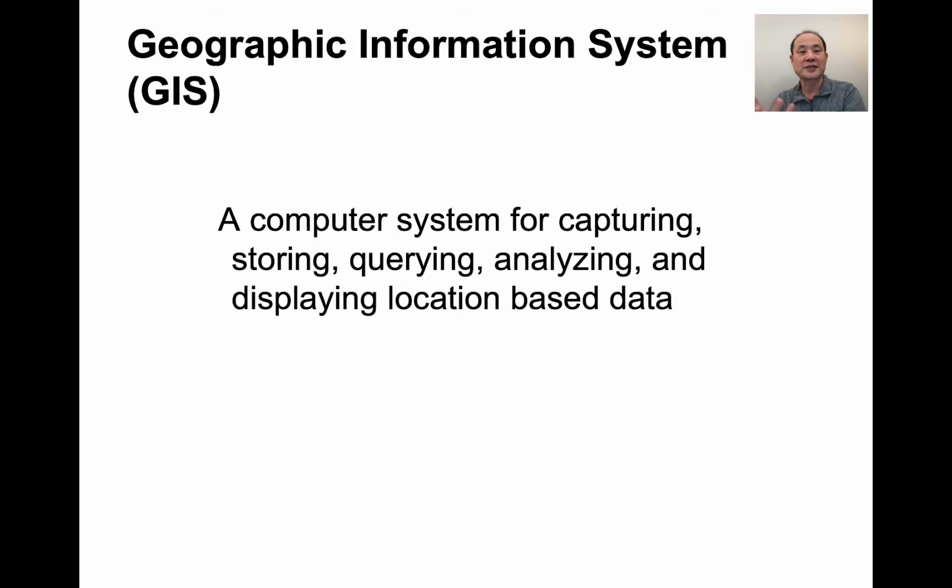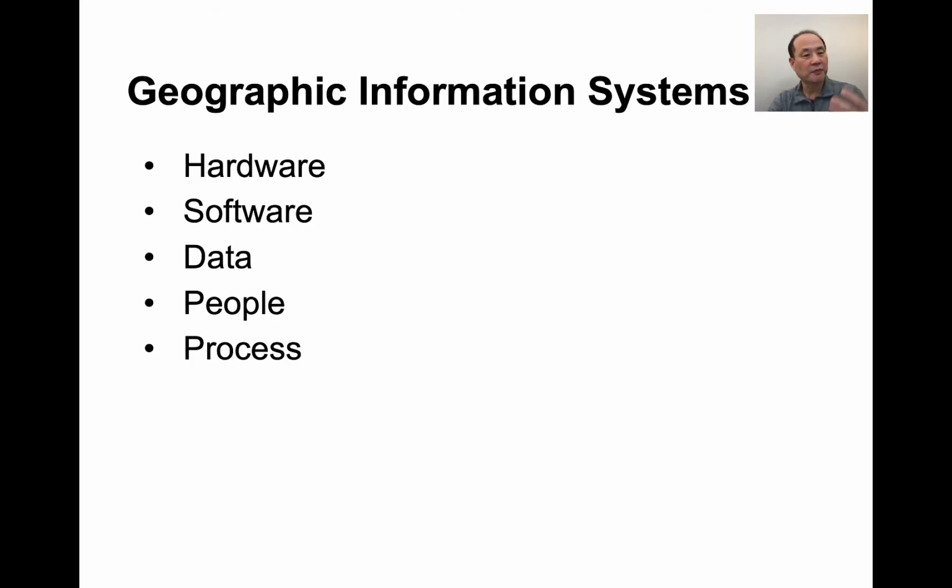GIS, Geographic Information System, is a computer information system for capturing, storing, querying, analyzing, and displaying location-based data. There are components of GIS: hardware, software, data, people, and process. Until 1990, the hardware, software, and data were so expensive and difficult.